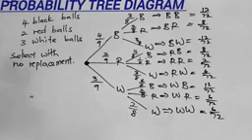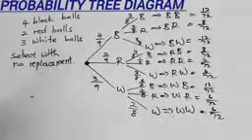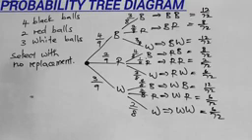If you want to check that what you have done is not wrong, add all these probabilities, and they must give you 1. Let's confirm.